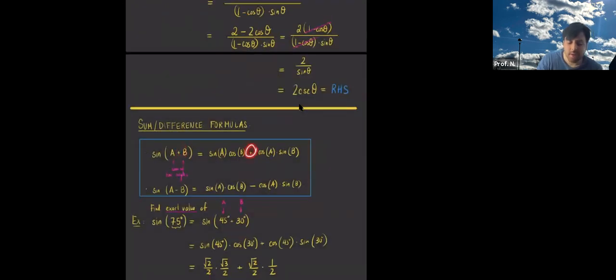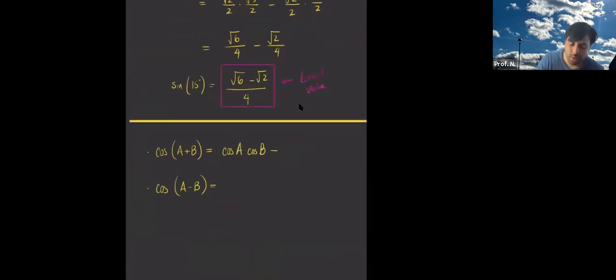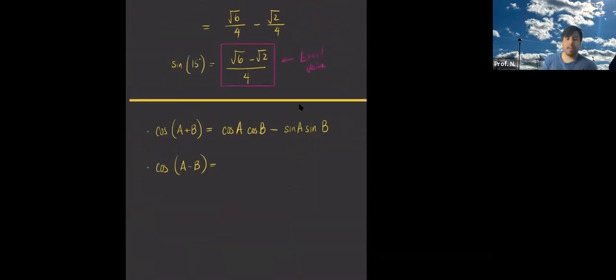For sine, you're going to have a sum in between. But cosine is the opposite. And you notice here, I have cosine of A and cosine of B, and then sine of A, sine of B. And then for cosine of A minus B, I get the same thing: cosine A, cosine B, plus sine A, sine B. So these are the sum and difference formulas for cosine.